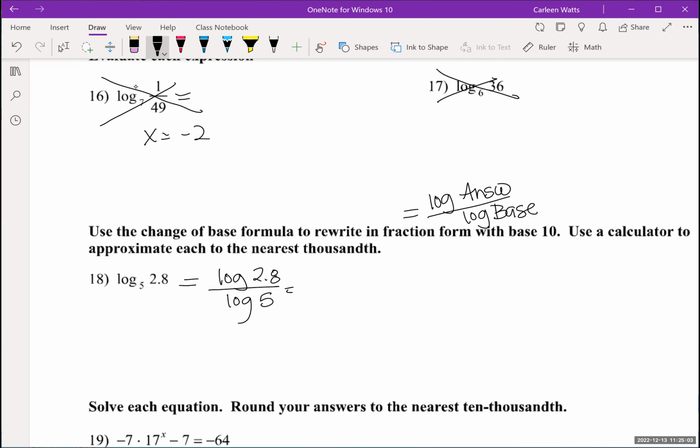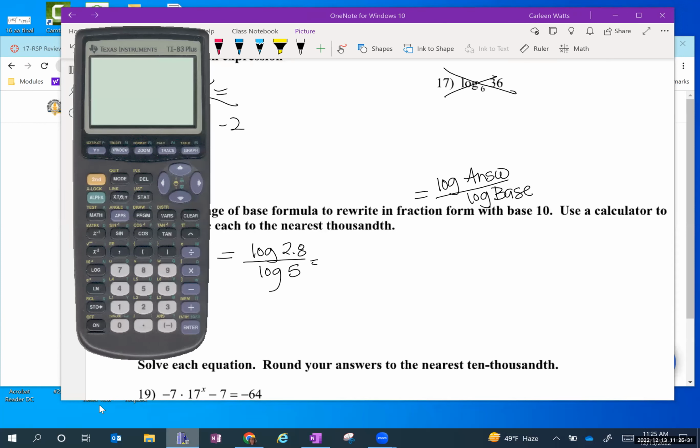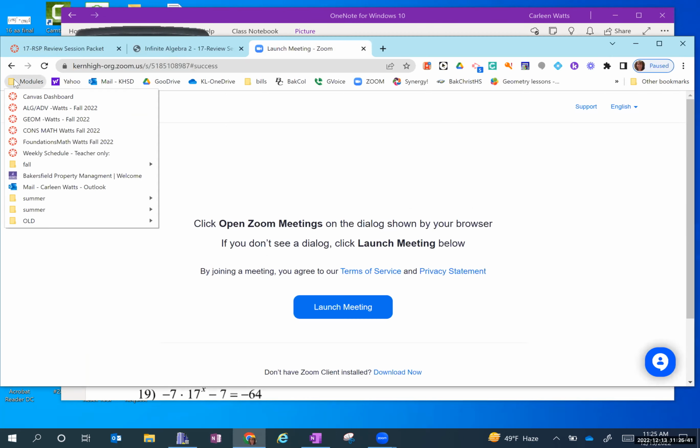Okay, calculator. Wait. Okay, there it is. Calculator log.